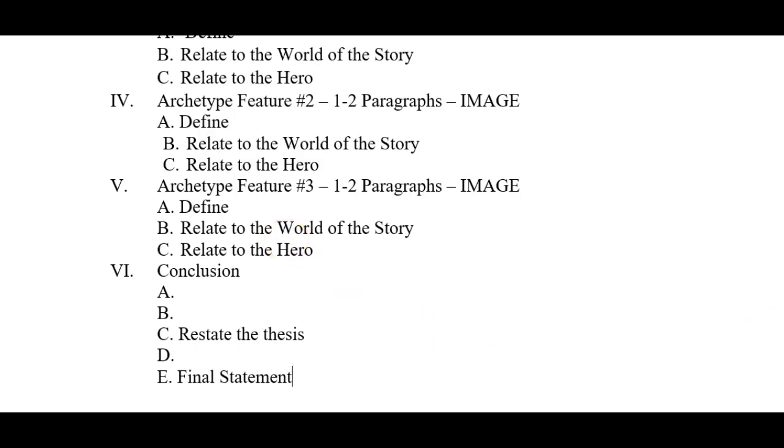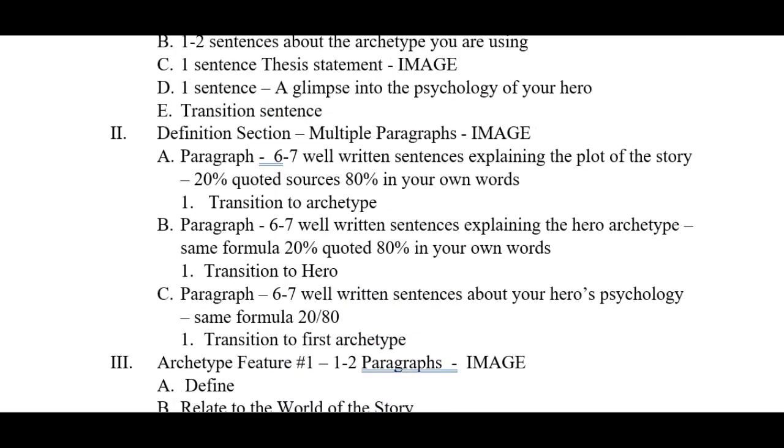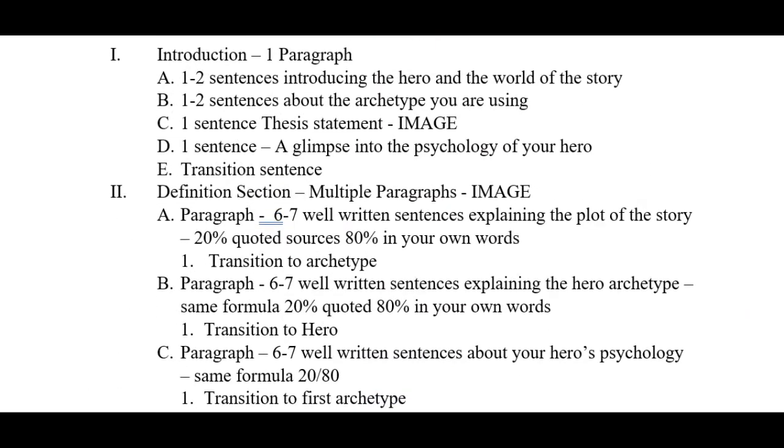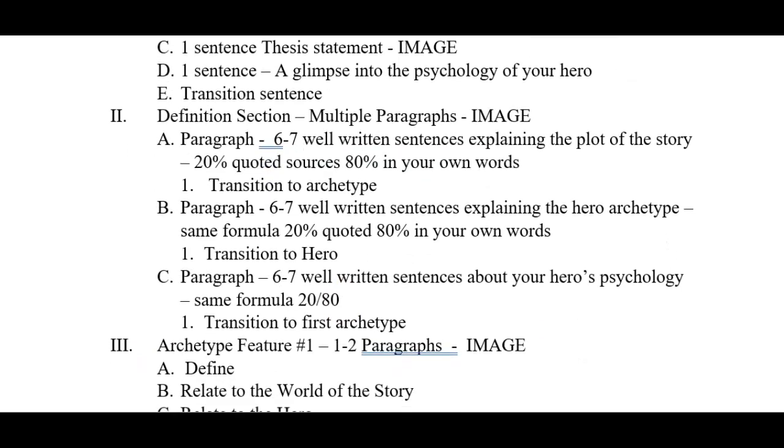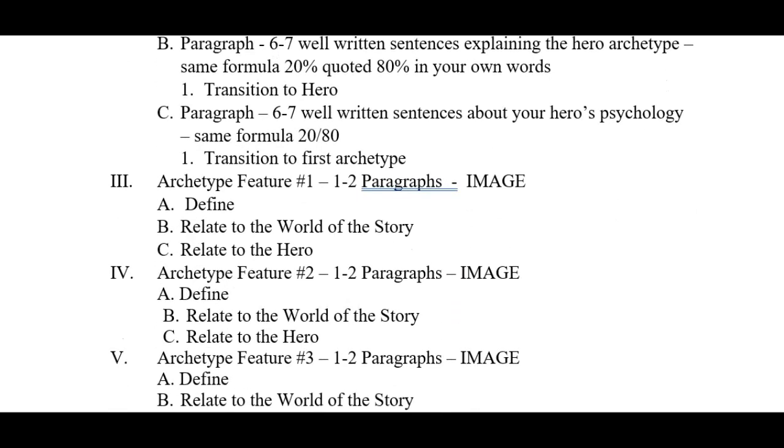Now, I've missed one thing in this outline. Who can tell me what it is? Nothing in the introduction is missing. Nothing in the definition section is missing. What is missing in these 3 sections? That's right, the transition sentence.